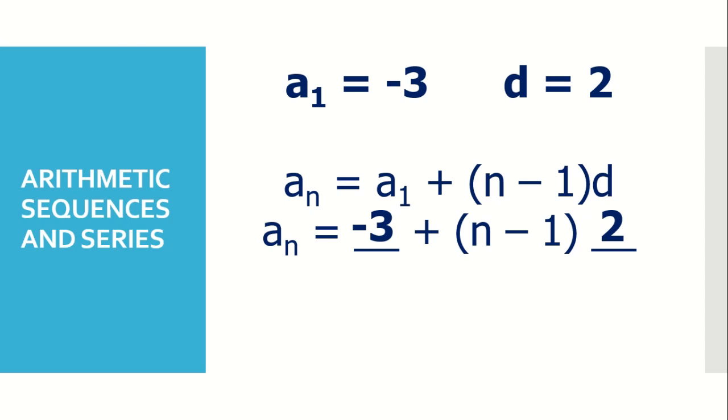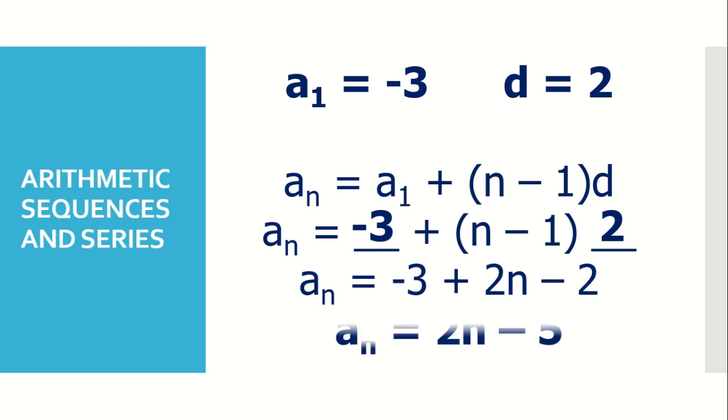Simplifying this, by distributing 2 to n minus 1, we will have a sub n is equal to negative 3 plus 2n minus 2. Using the right side of the equation, negative 3 minus 2 will be simplified as negative 5.